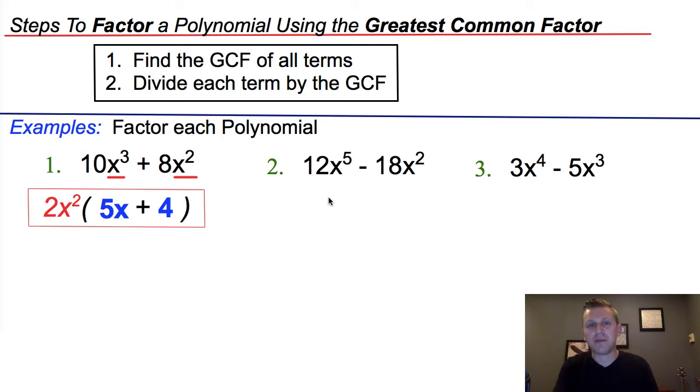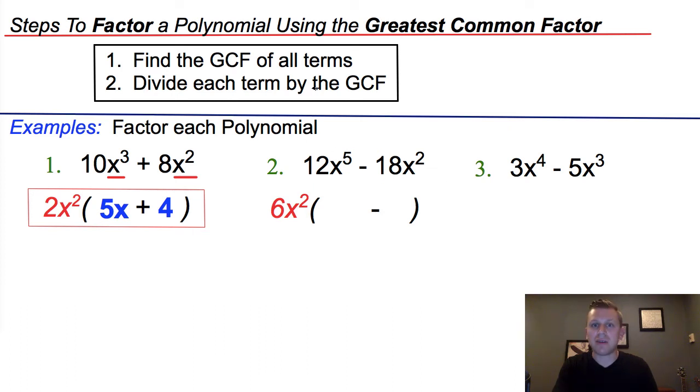Let's try number 2. Step 1, find the GCF of all terms. Well, the greatest common factor of 12 and 18, the largest number that divides them evenly, is 6. Of x to the 5th and x squared, the one with the lower exponent is x squared. So my GCF here is 6x squared. Open my parentheses, bring down my minus sign, leave space for 2 terms.